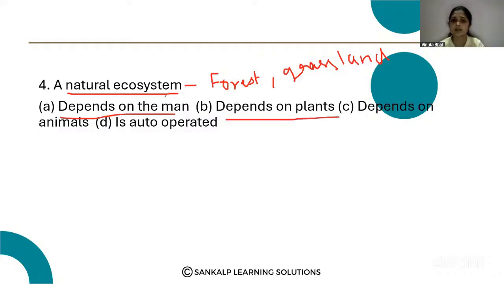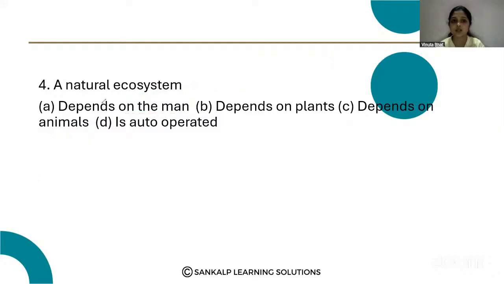Depends on the plants? This entire natural ecosystem does not depend only on the plants. Depends on the animals? No, these do not depend on the animals. So that is auto-operated. Option D, this natural ecosystem, they are auto-operated.